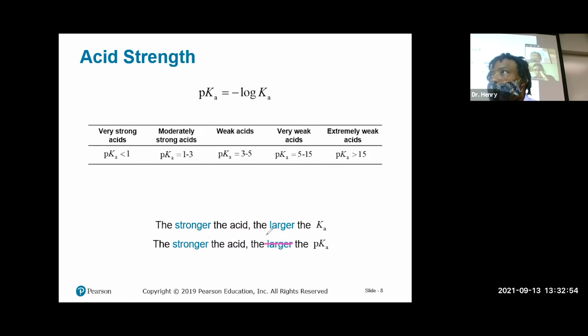See, I'm just testing your skills. The smaller the pKa, okay? The stronger the acid, the smaller the pKa.